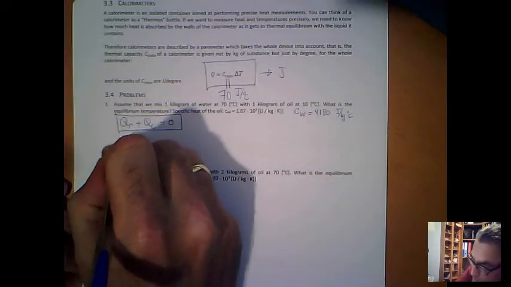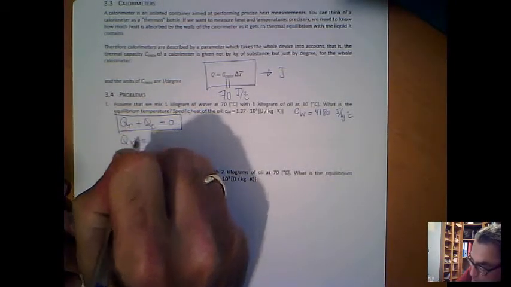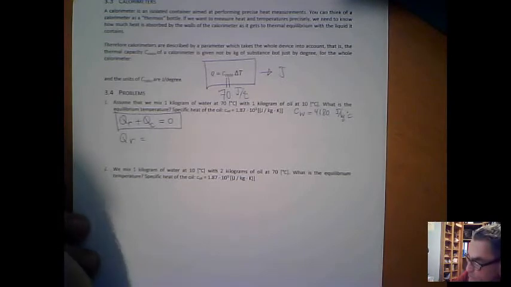And then we have to write the terms. The Q received is going to be the Q of what? Of the water or of the oil? What do you think? Why the water? What makes you think it's the water?